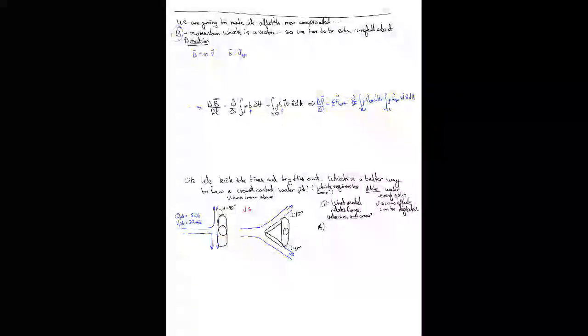Sorry, this is a control volume over here. The first integral is always over a control volume. The second integral is the integral over our control surface of rho v_xyz times w dot n hat dA.